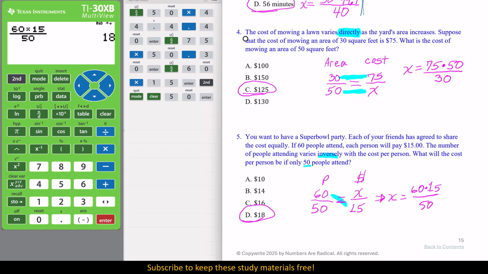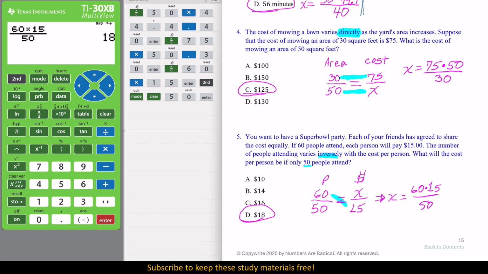So if only 50 people attended, then you still have the same total cost. Just like above, actually number 3, you had 37 miles. The distance didn't change, but the people that were going to take on the cost changed.